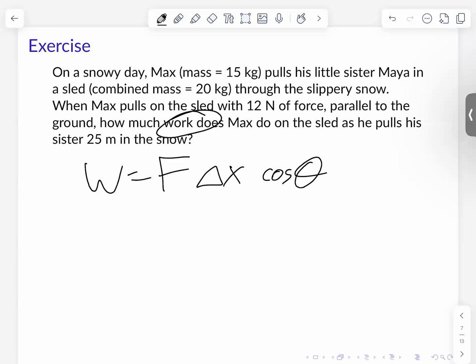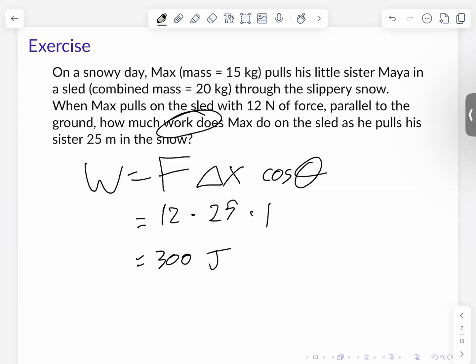What's the force? What's the displacement? What's cosine of this angle? 300. 300 what? Good. Okay, this is the work that Max does on the sled and sister.